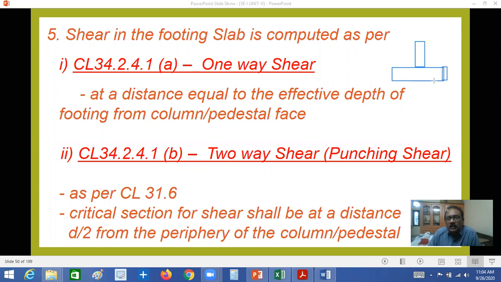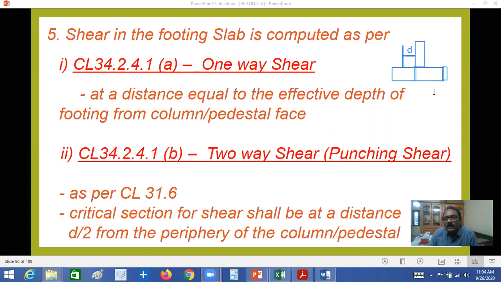Now see, from the face of the column, that means here, right? See, your one-way shear is critical from here to here, that is the effective depth, that is d, right?